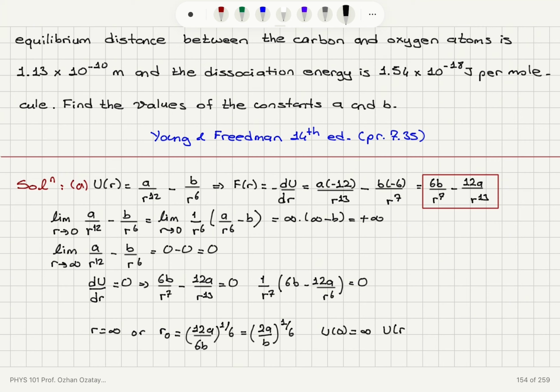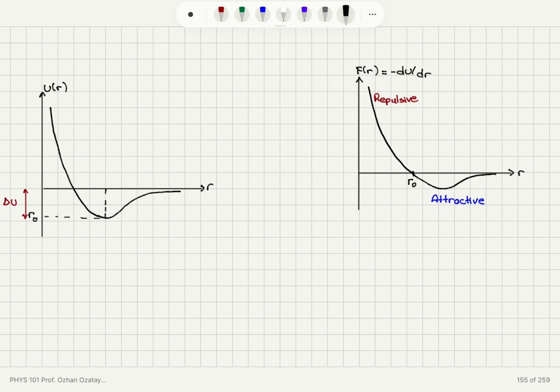The potential energy at R0, the equilibrium point, will be equal to A divided by 2A over B to the power 12 over 6, minus B divided by 2A over B to the power 6 over 6. Okay, so we continue evaluating the potential energy function at the equilibrium point.